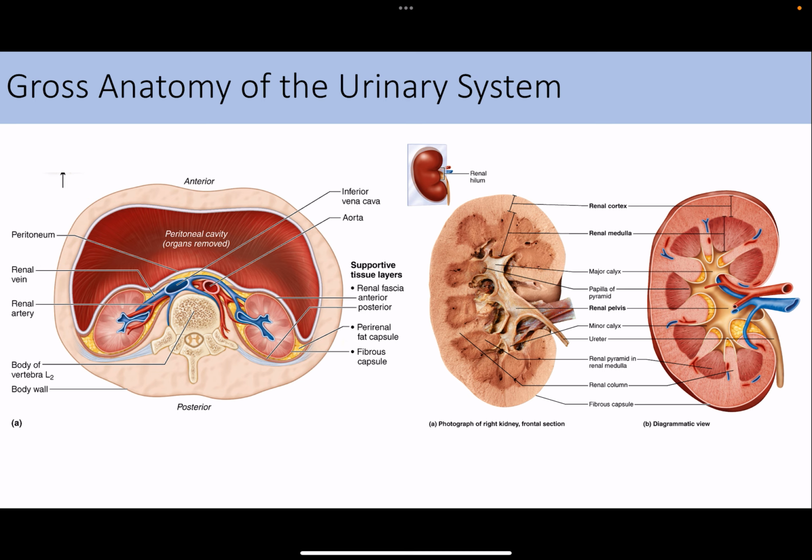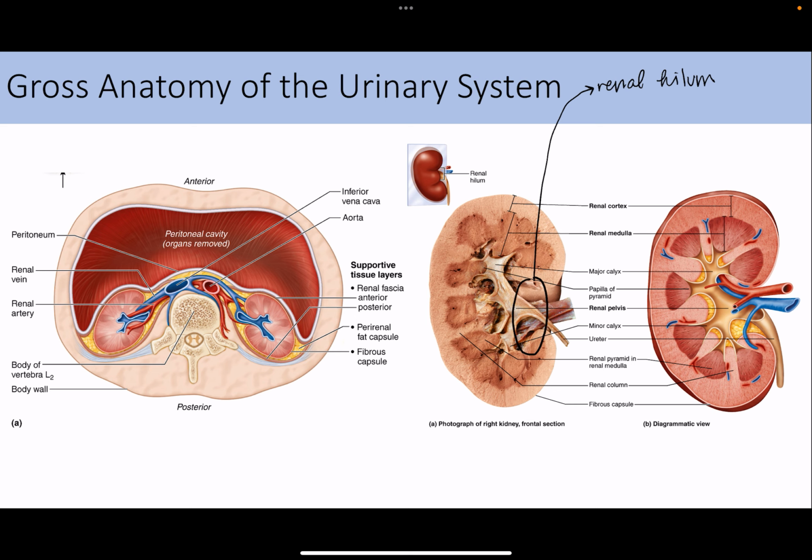All right. So more about the anatomy of the urinary system. There is a passageway here called the renal hilum, which is why I told you when we talked about the hilum of the lungs, you want to say it's the hilum of the right lung or hilum of the left lung, because now we have this renal hilum too. So you want to know the difference between hilum of the kidneys versus hilum of the lungs.